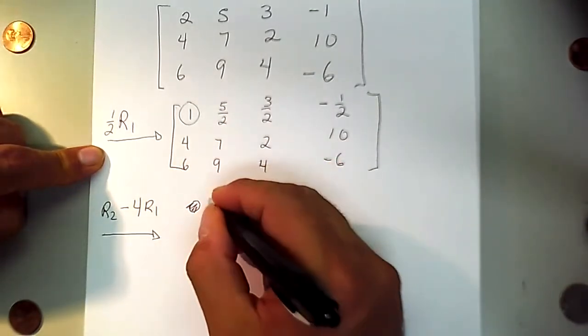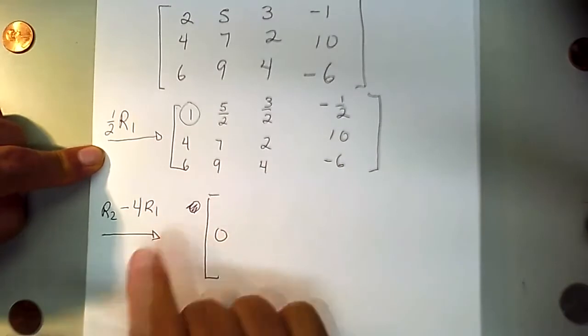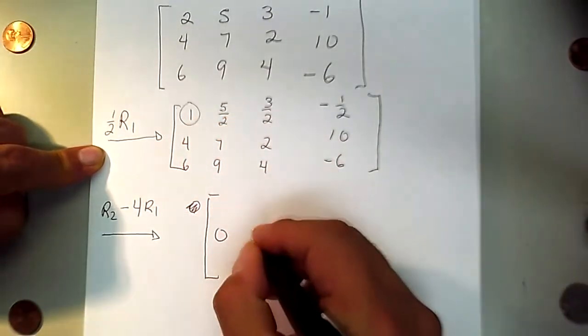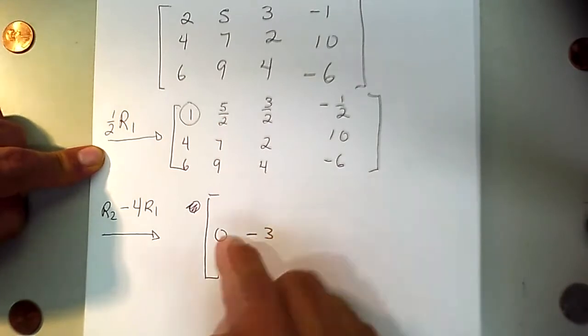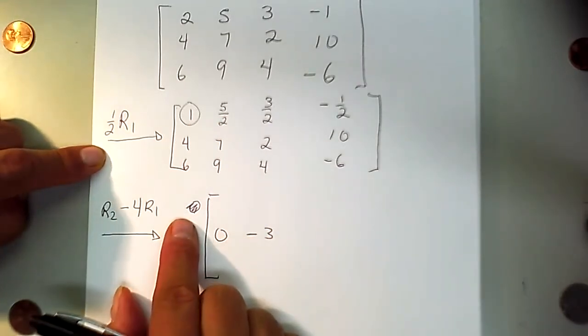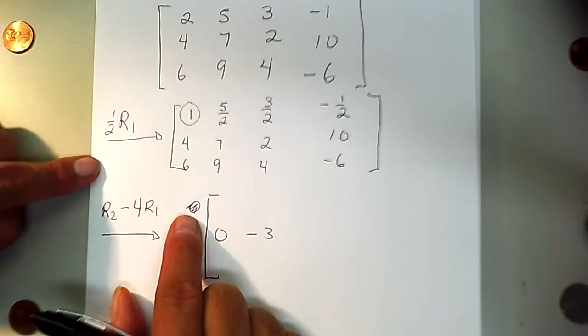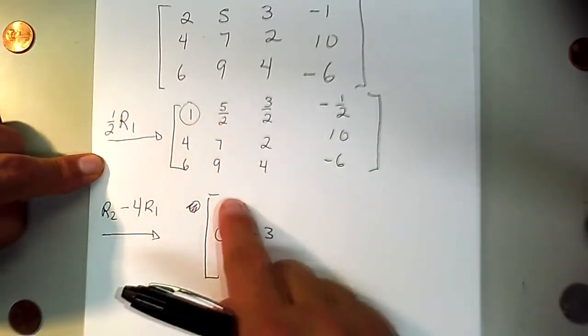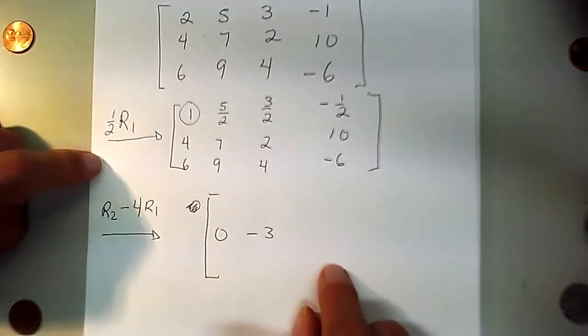So that should be 0. Please ignore that. So 4 minus 4 is 0. 7 minus 10 is negative 3. When I put this 0 there, I got a little confused because I thought, wait a minute, we're supposed to have a 1. I'm going to write down the first row after we finish the second row.